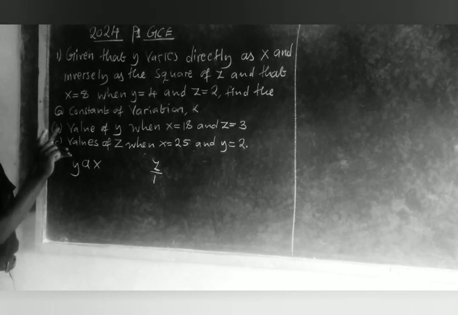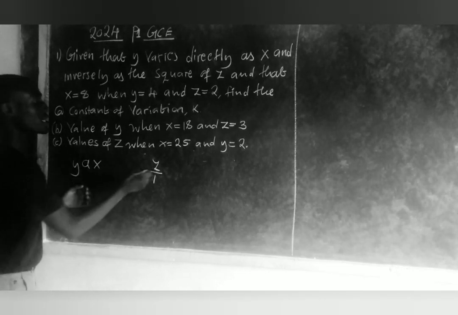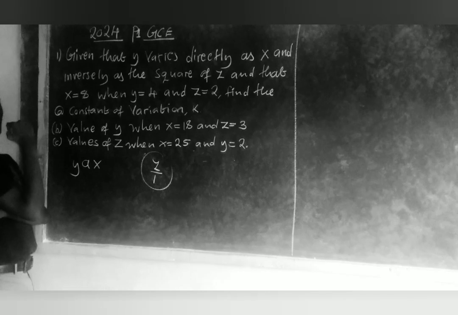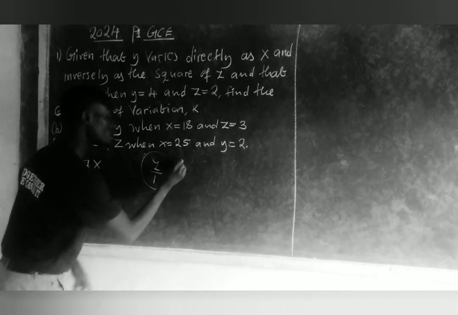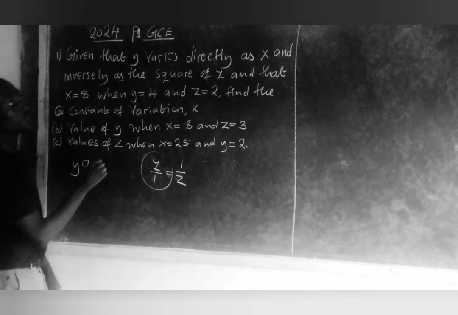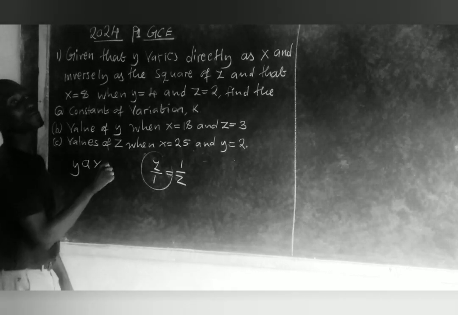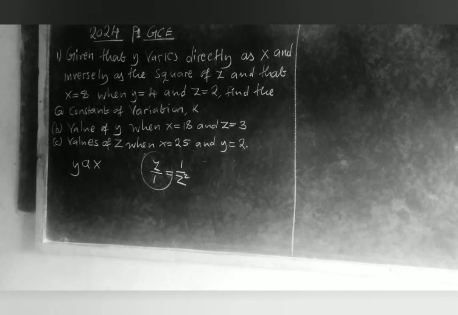Now, when we are told to write the inverse of this one, in short, we are told to reciprocate this fraction. So the inverse of this can be written as 1 out of z. But we are told it should have a square, so we put a 2 there.